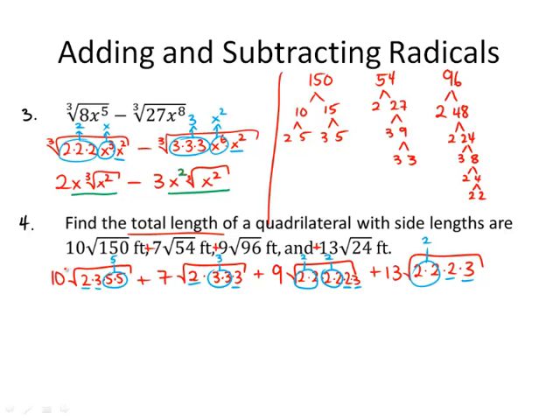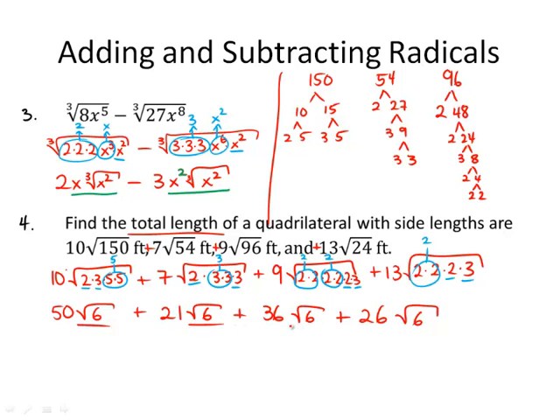So that gives us 10 times 5, which is 50 root 6, plus 7 times 3, which is 21 root 6, plus 9 times 2 times 2, so 18 times 2, which is 36 root 6, plus 13 times 2, which is 26 root 6. You see that all the endings are the same.